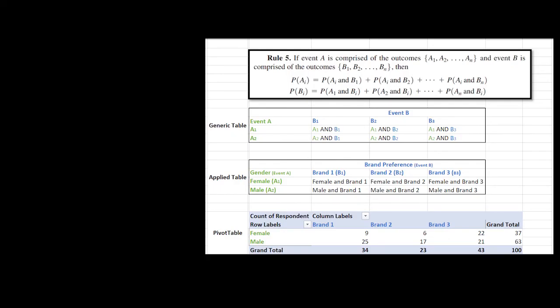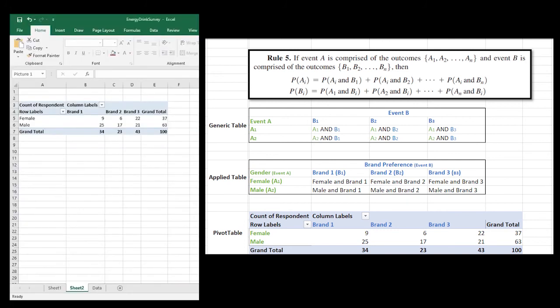Now, let me bring over the formula or the equation related to this rule. And let's say, for example, we want to assess the probability of how females rated brand number two. So we're dealing with two events and two variables. One is related to the gender and the other one is related to the brand. And we're focusing on females in brand number two.